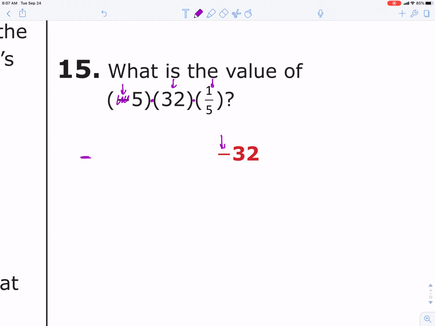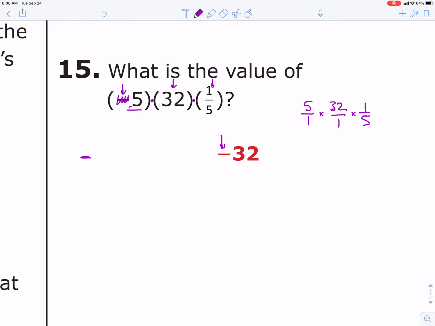Now, I could go ahead and do 5 times 32 times 1 over 5. Let's go ahead and do that. I'm going to show you something. I need to write all these as fractions, though. I'm going to write them over here: 5 over 1 times 32 over 1 times 1 over 5.